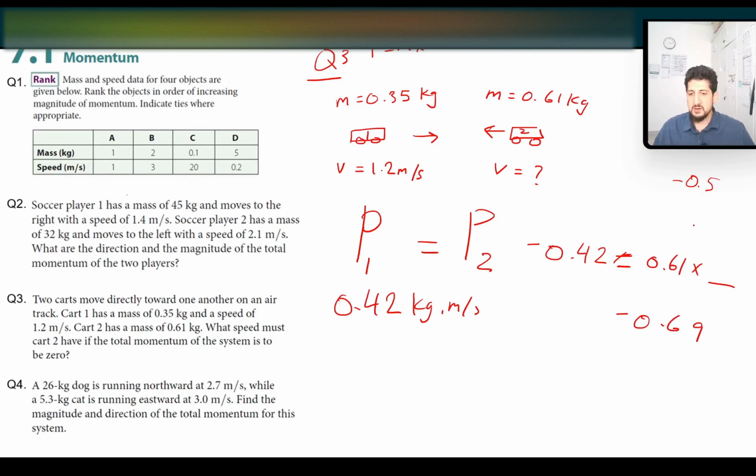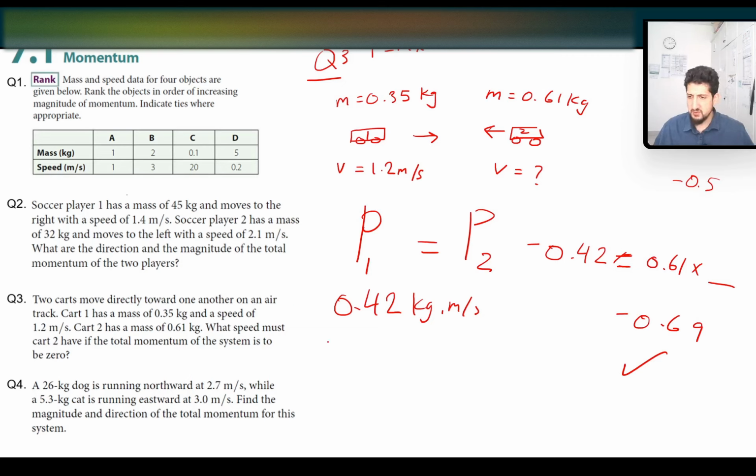That's more or less within the range I expected, minus 0.5 to minus 0.6. So in order for the system to have a momentum of 0, the speed of cart 2 has to be negative 0.69. And that's how you do that one.